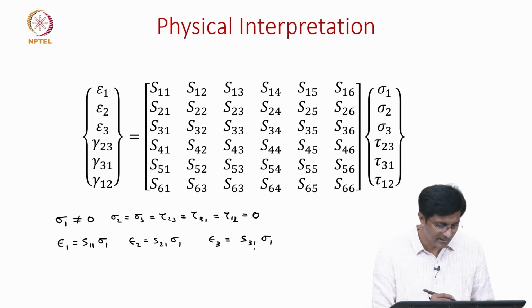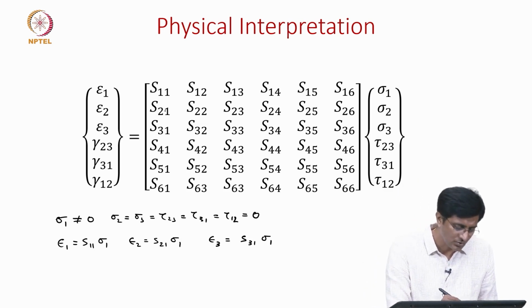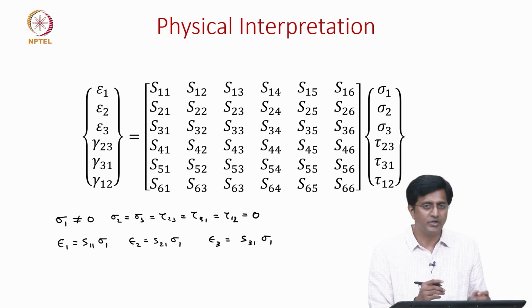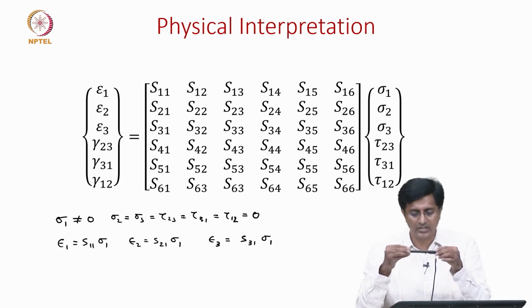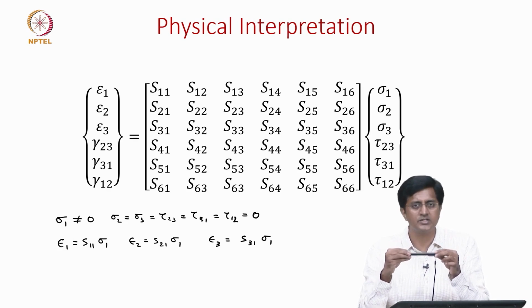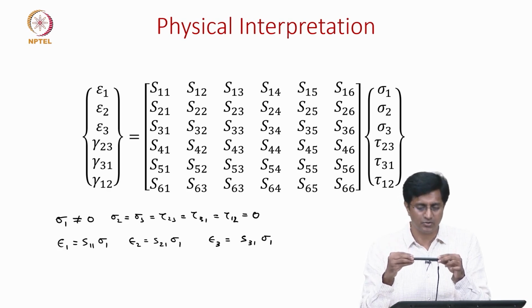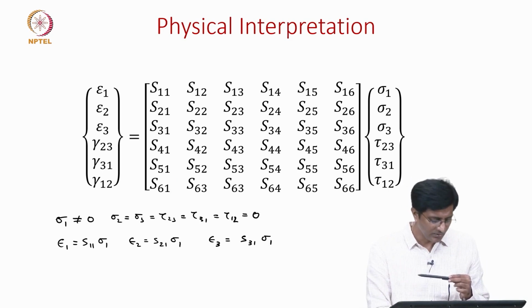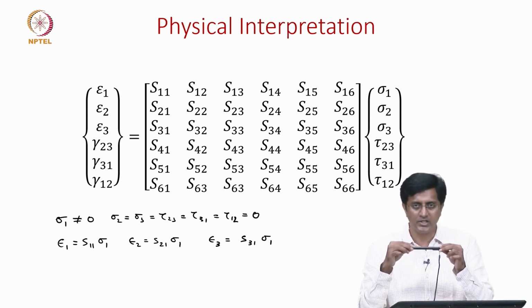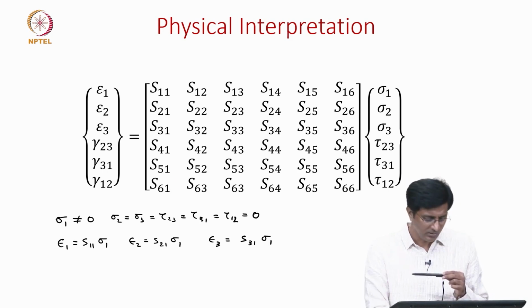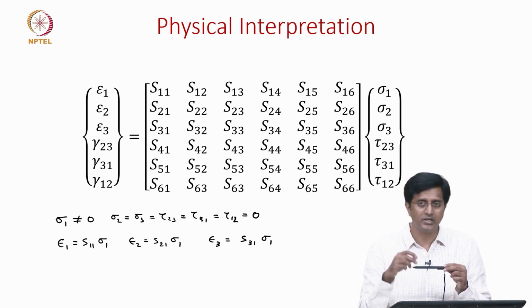So, what does it say about these components S11, S21 and S31? We are saying that because of this uniaxial tension, there is strain in the direction of the load, that is expected, that is the same as what we also expect for an isotropic material. But here in addition to the strain in the axial direction, it does have strain in the transverse direction.